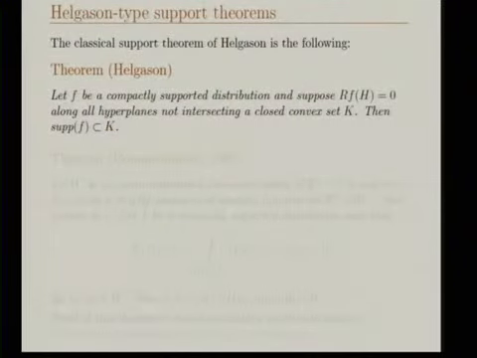Now let me come to what are known as Helgason support theorems. And the reason why I bring this up is because it has connection to the Calderón problem. So what is the classical Helgason support theorem? So you consider all hyperplanes.